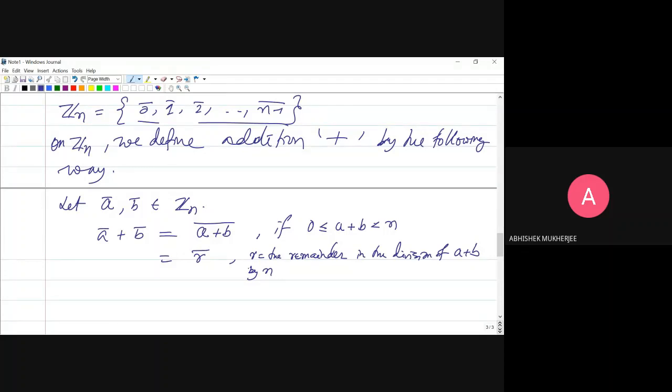That is, a plus b is congruent to r modulo n. Just divide a plus b by n and you will get the remainder, and that remainder is your required class for this sum, if a plus b is greater than or equal to n.